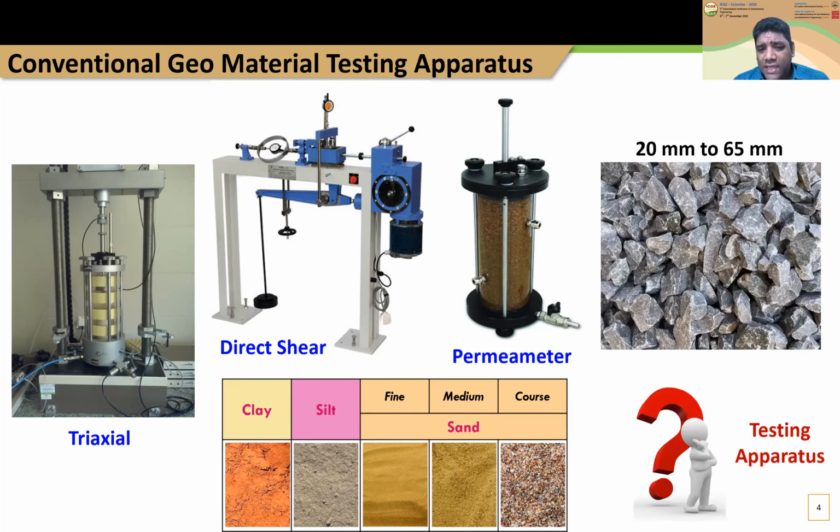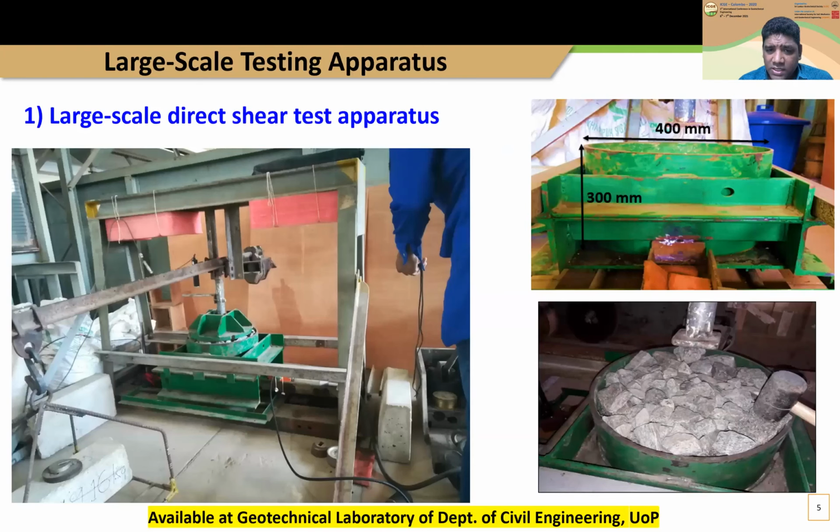But for ballast material, which is used in rail track, the particle sizes range from 20 to 65 millimeters. The conventional testing apparatus won't fit this type of material unless we do some kind of size reduction or parallel gradation technique. So the solution in terms of testing apparatus is to go for large-scale testing apparatus.